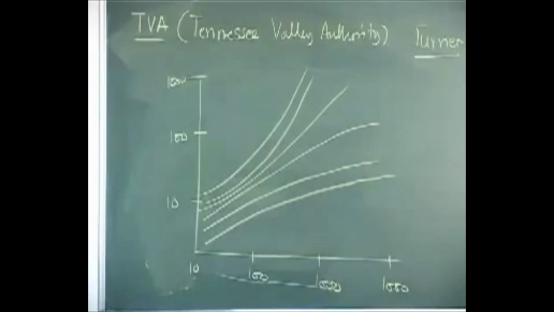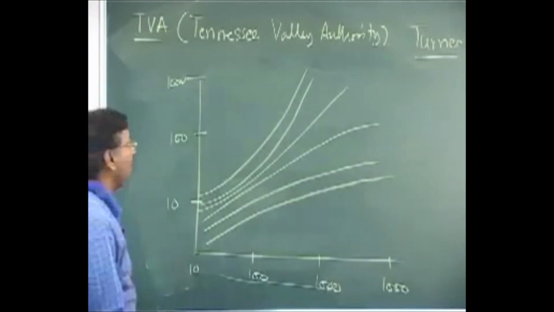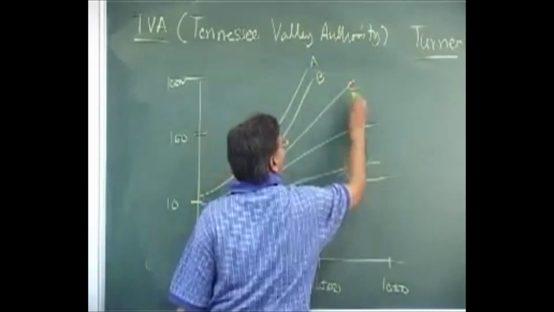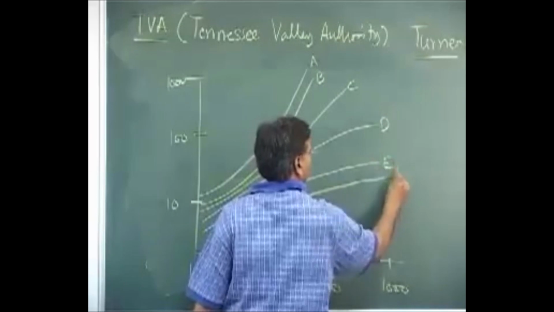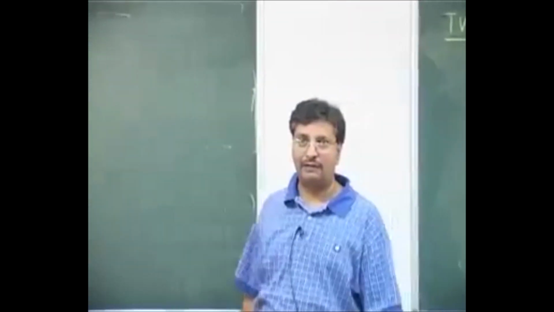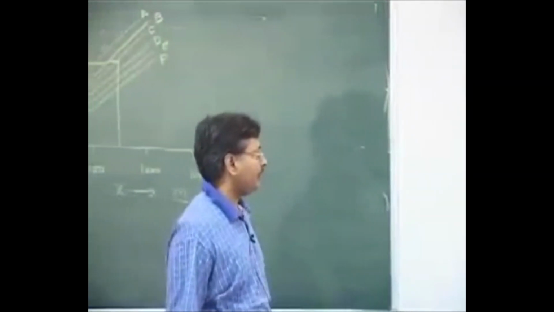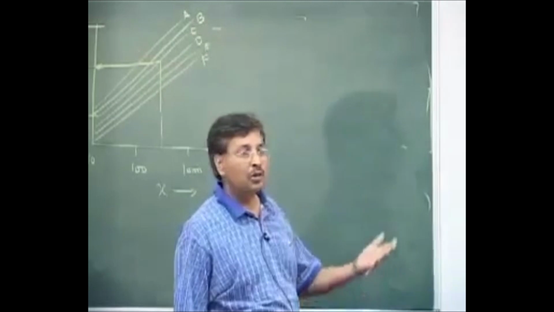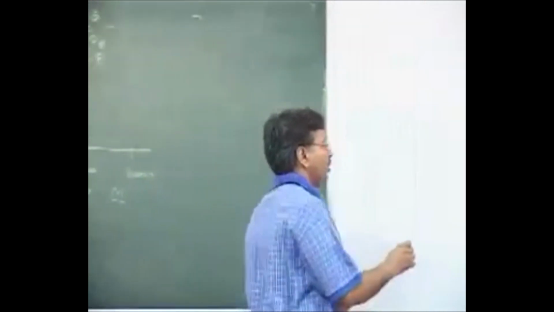For sigma y the lines were straight, but here they got curved lines, and this is your stability A, B, C, D, E and F. At whatever distance you are, you can find out what the sigma z will be.